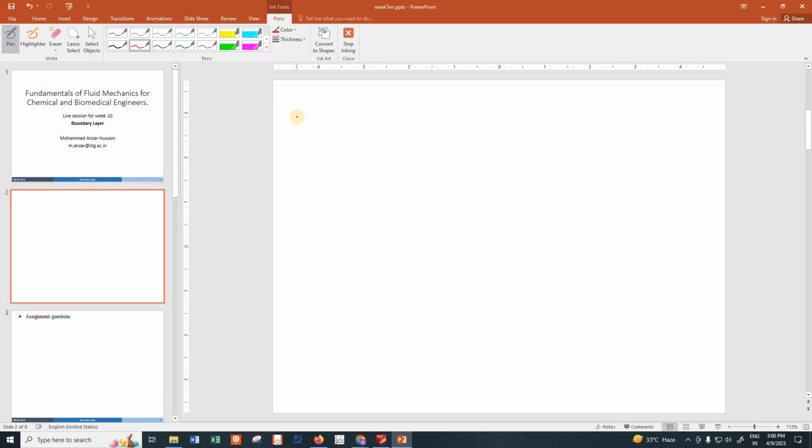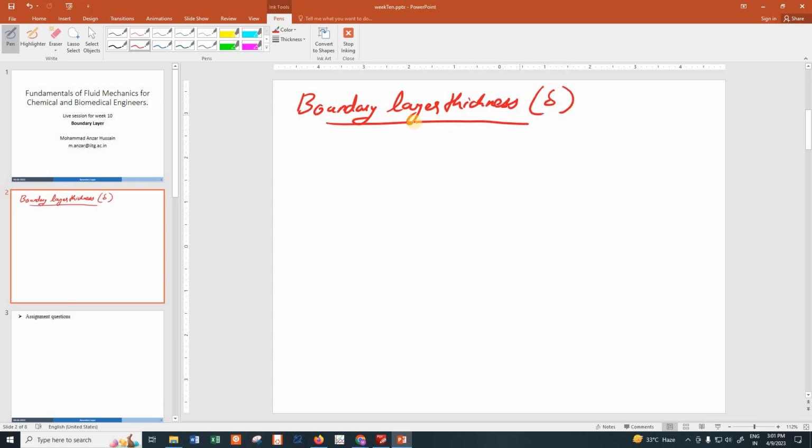So with the introduction of the boundary layer, what actually is the boundary layer? Let me start with the boundary layer thickness, which is generally denoted with the Greek letter delta.